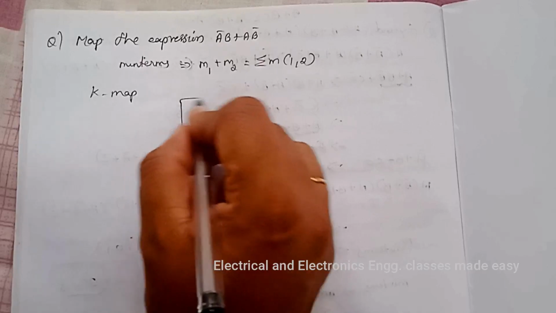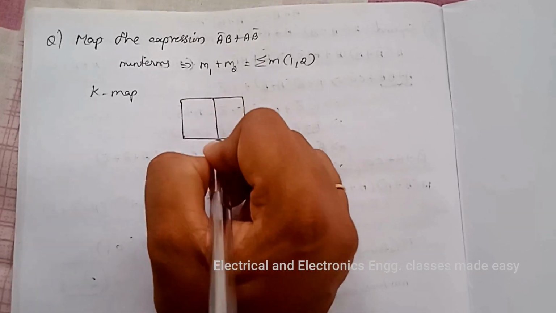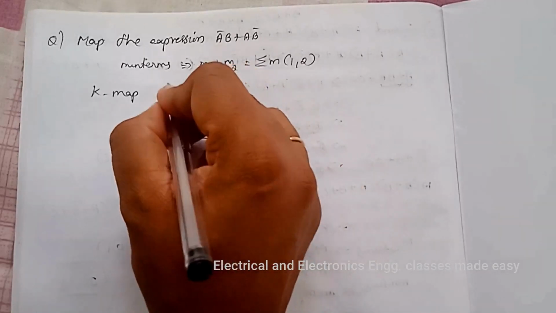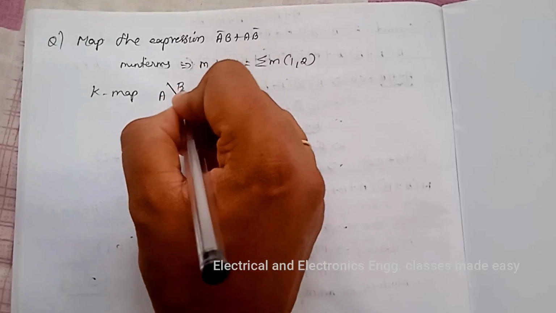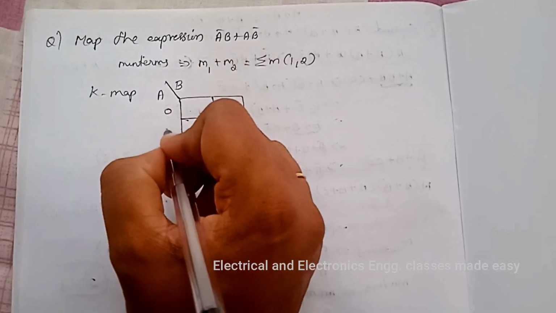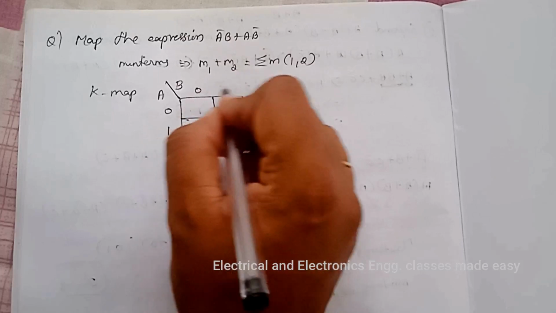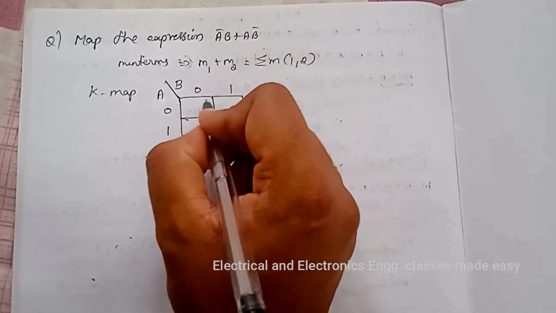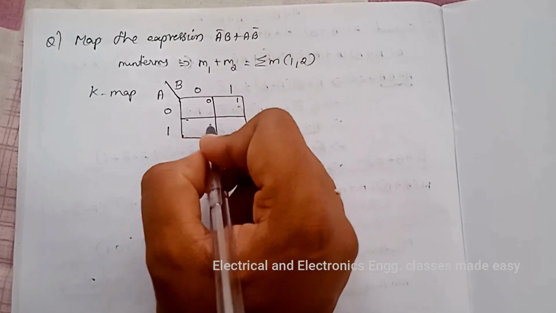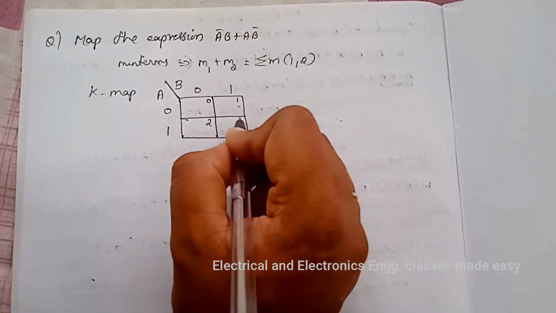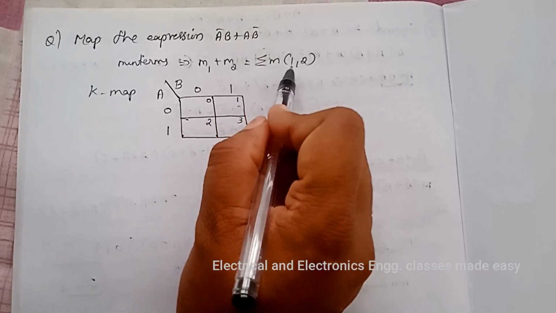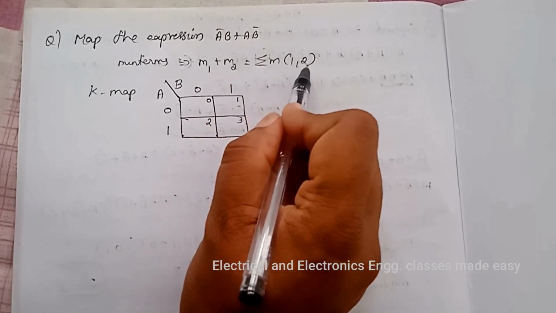is 4 squares. Then the variables are A and B, and the values are 0 and 1. Here also 0 1. The squares values are 0 1 2 and 3, and the minterms present are 1 and 2.